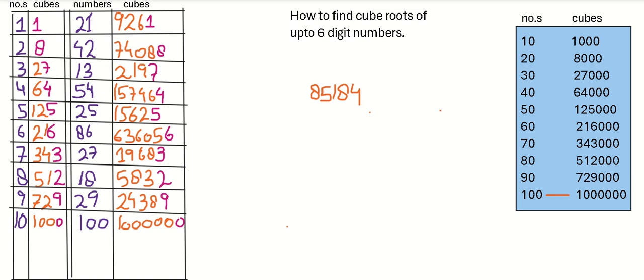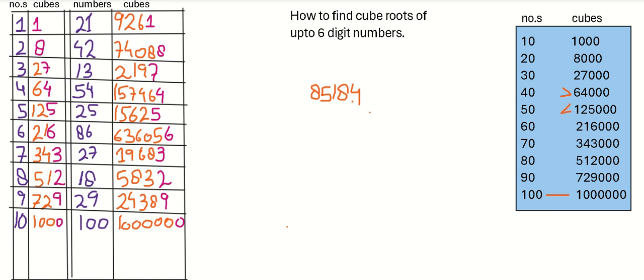Let's compare 85,184 to this table right over here. You see that 85,184 is greater than 64,000, but it's less than 125,000, right?